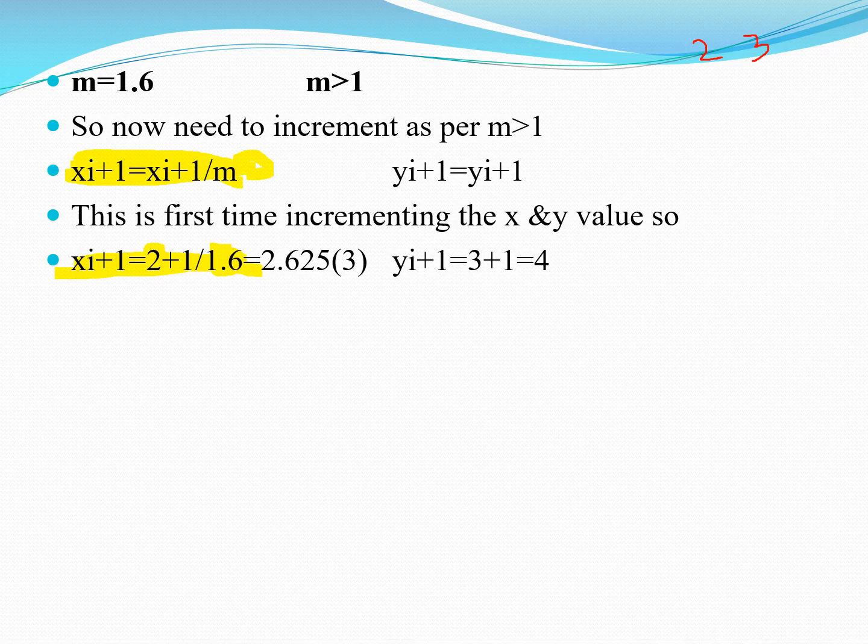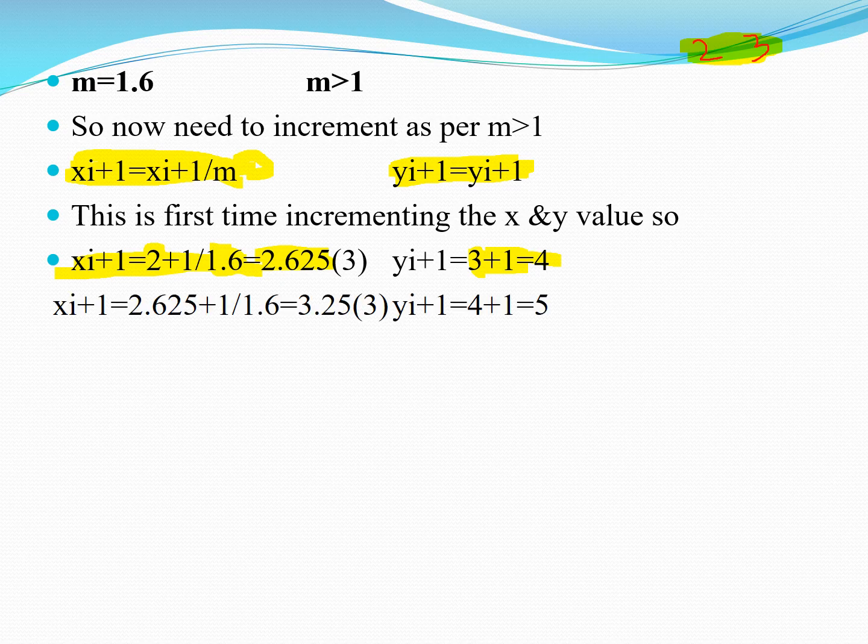Okay, so y is simply adding 1 to the initial value of y. For this we get x value 2.625 and y is 3 plus 1, which gives 4. The initial values 2 comma 3 are given in the question. So taking this as the initial value of x and y, we increment by 1 upon m for x and simply plus 1 for the y value.